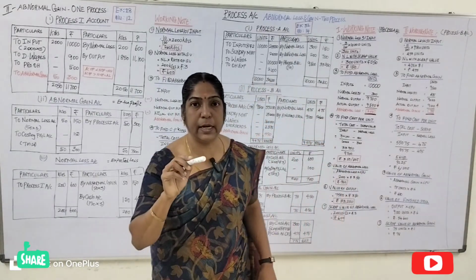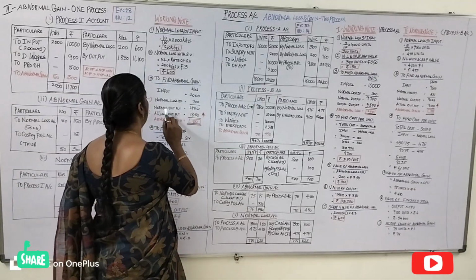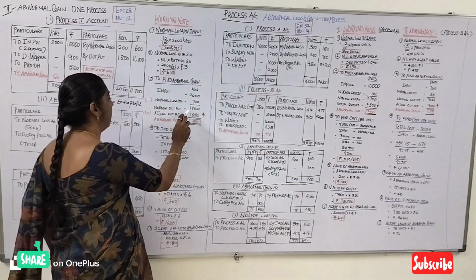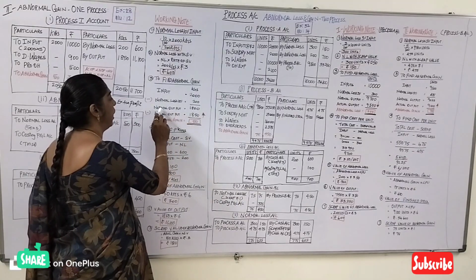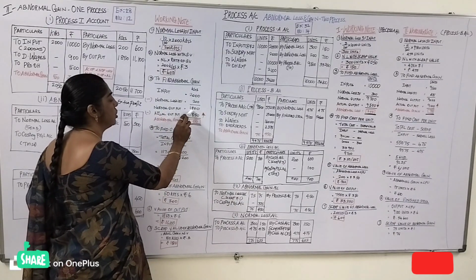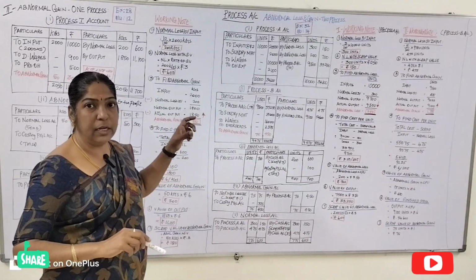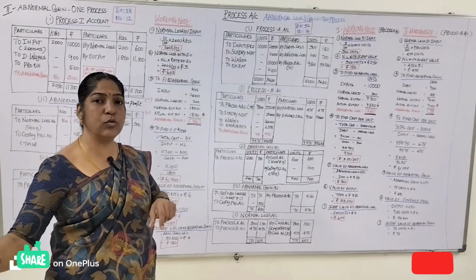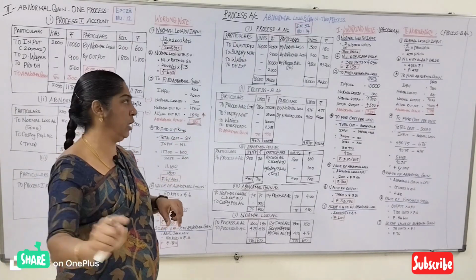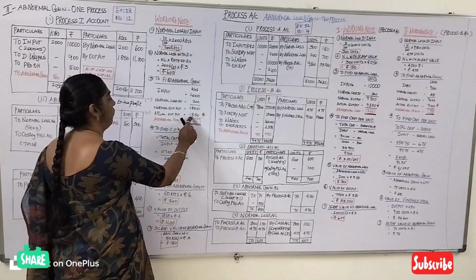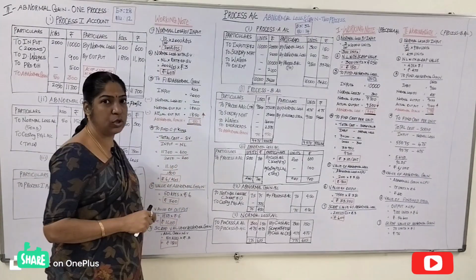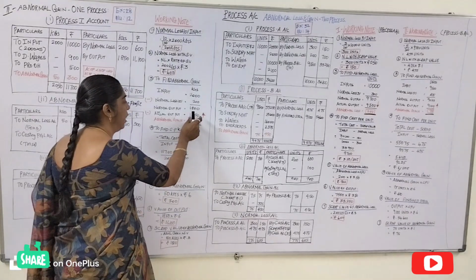That 1800 kgs we call the normal output. So we have found the normal output, 1800 kgs. With that we should compare the actual output given in the question, that is 1850 kgs. Listen carefully here.